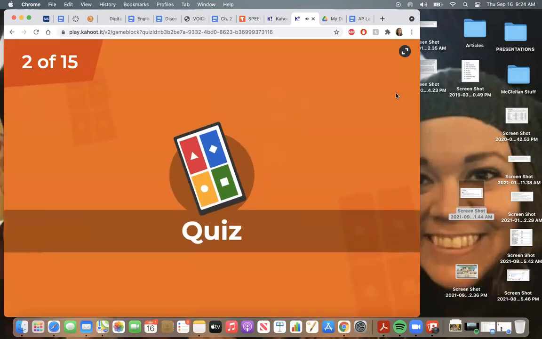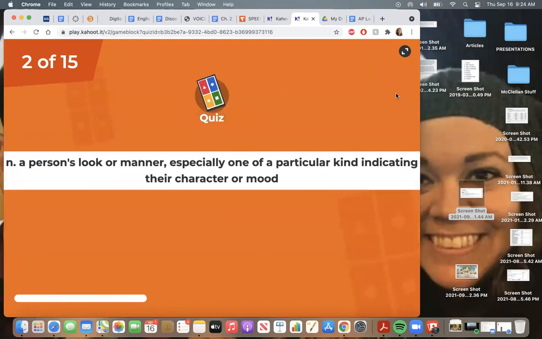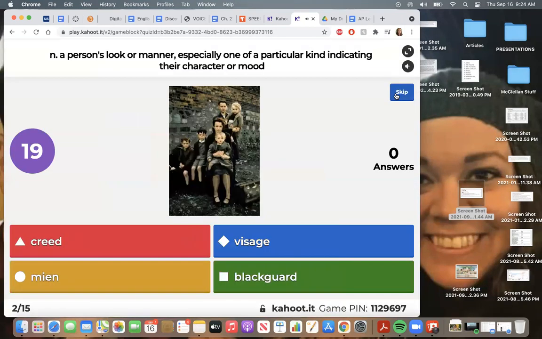Nice. A person's look or manner, especially one of a particular kind, indicating their character or mood. Is it creed, visage, mean, or blackguard?